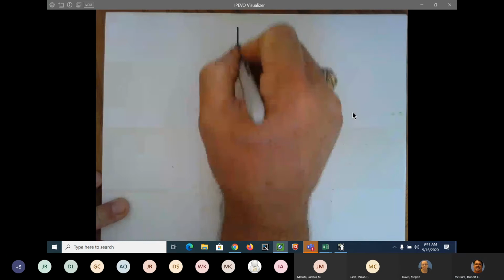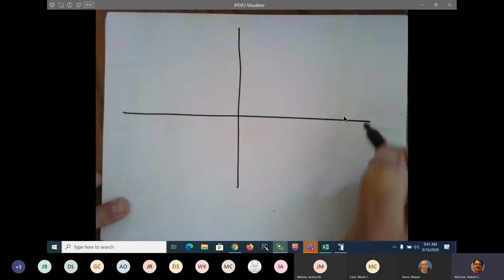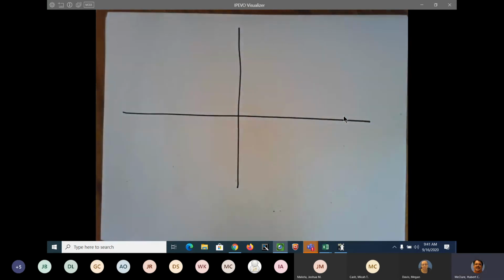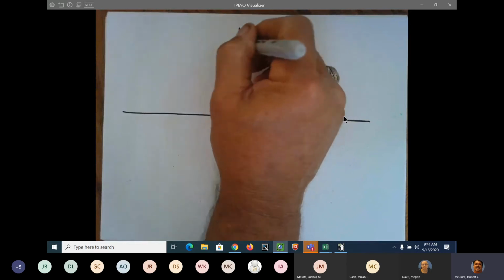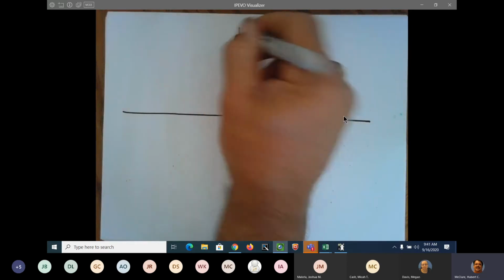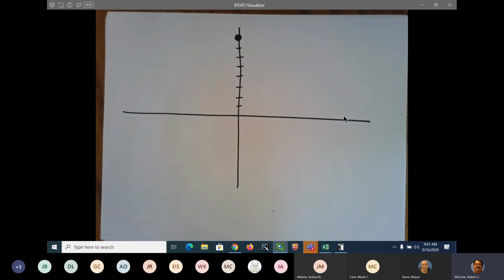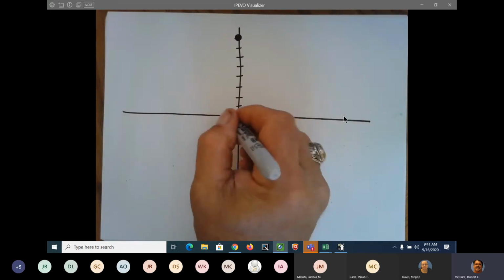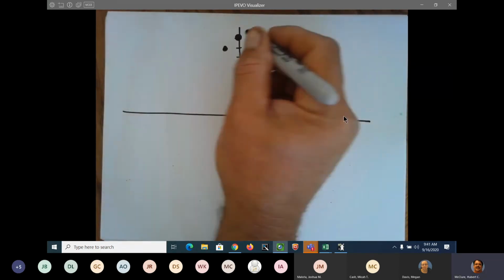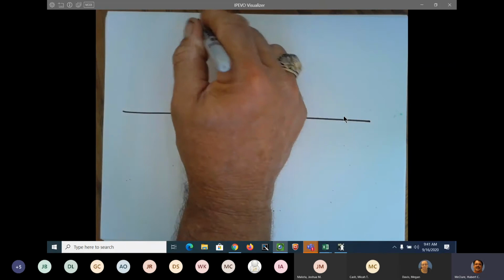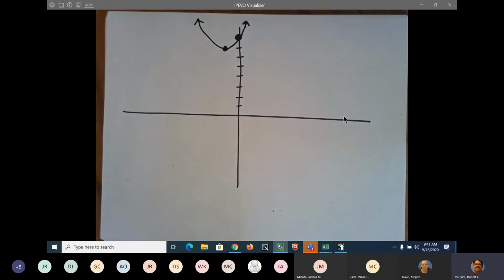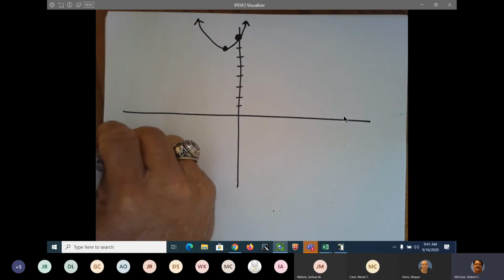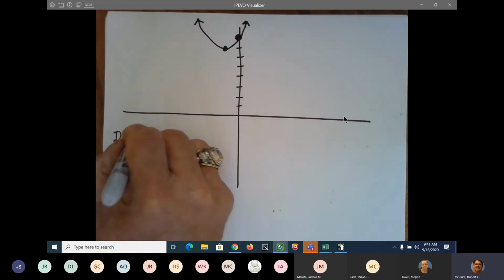So there's my graph. I know I got a y-intercept, 1, 2, 3, 4, 5, 6, 7, 8. And I've got -1, 7, and it's opening upward, and it's floating because I don't have any x-intercepts. So my domain is all real numbers.